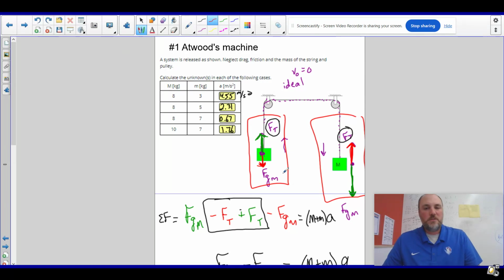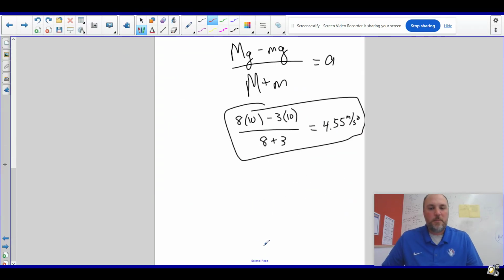I'm going to use the free body diagram on little m, and I'm going to sum the forces of little m. So if I were summing the forces on little m, I would say that tension is greater than the weight of little m. So I would subtract the weight of little m from the tension to get the magnitude of the net force.